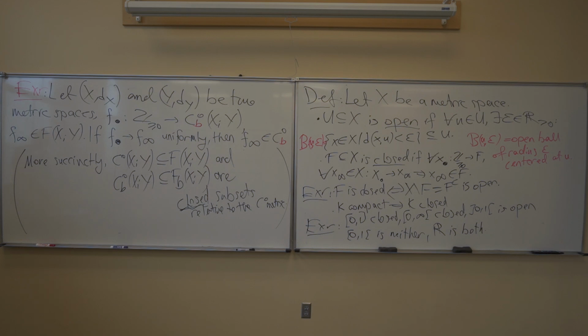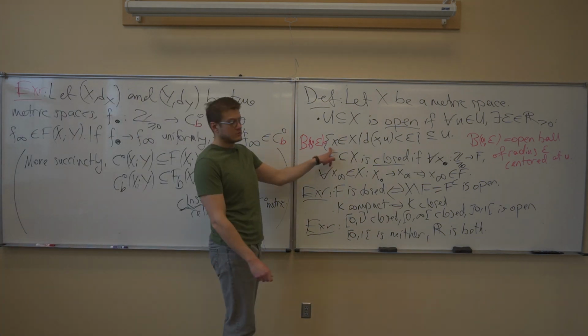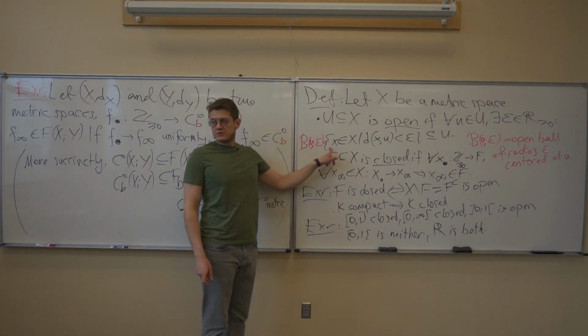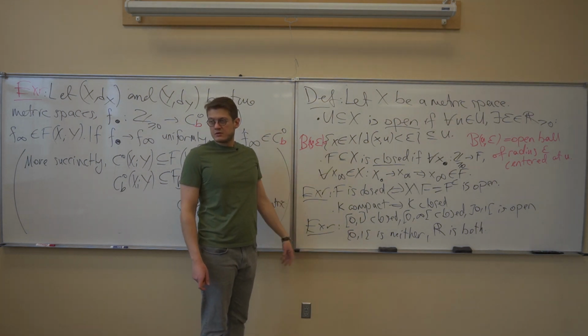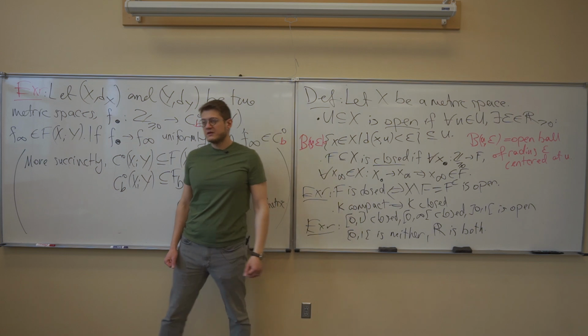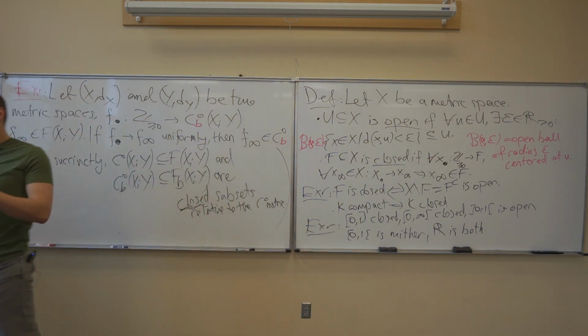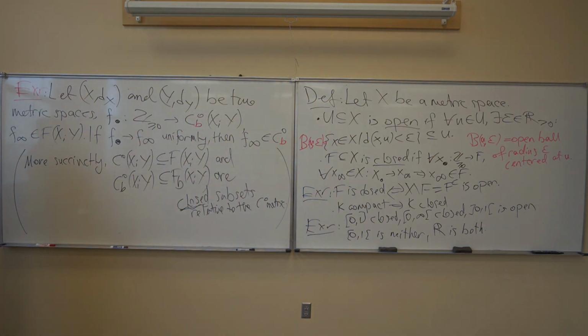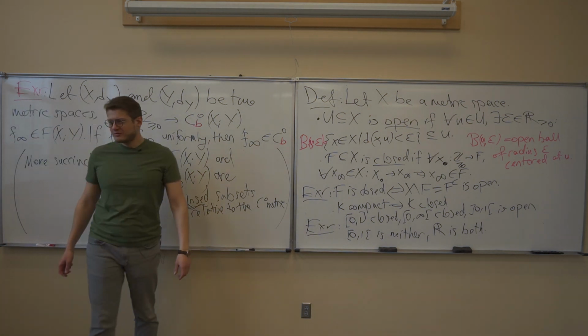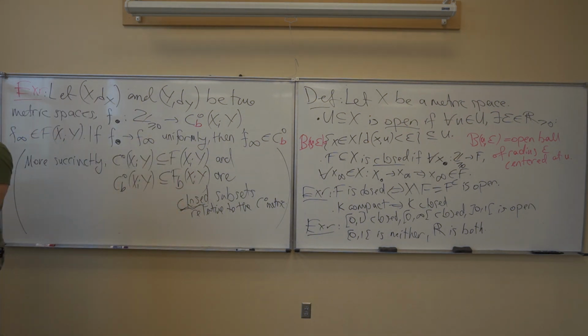Sorry, what is a ball? That is the definition. Like, what would be a more physical understanding? In Euclidean space, relative to the Euclidean distance, a ball is a ball. So how do you define a ball? You have a center, and you look at all the points that are not more than epsilon away. So that's an epsilon ball.